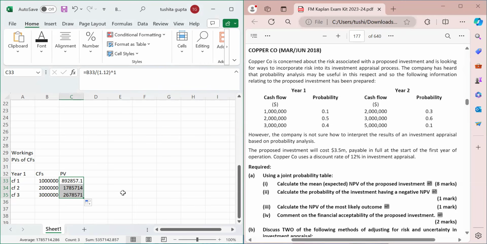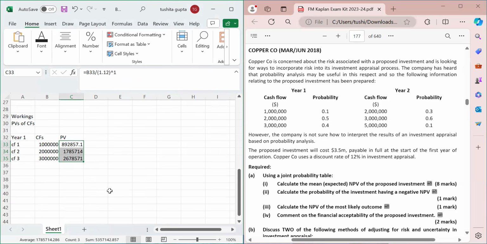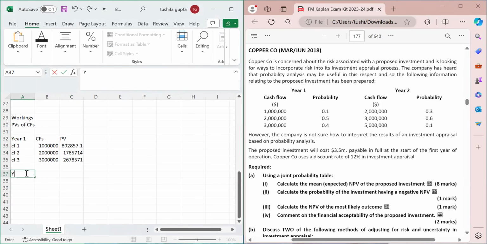Let's do a similar working for year 2 also. So this is for year 2. Let me copy paste this portion here. These are my cash flows. So cash flows, I have 2 million, 3 million, and 5 million. So 2 million is this over here, 3 million is this over here, and 5 million is right here.